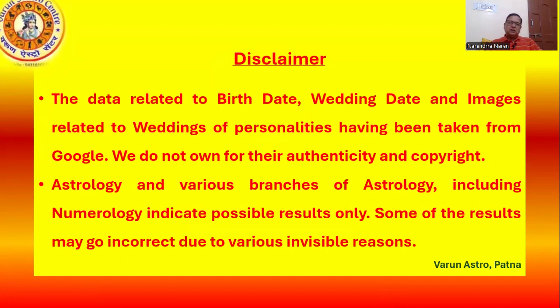Astrology, and its various branches including numerology, indicate possible results only. So we are very close to the result, but the final result depends on God. We must not take it for granted.